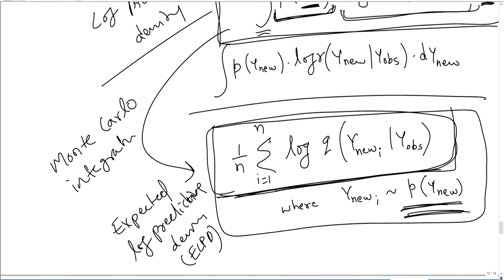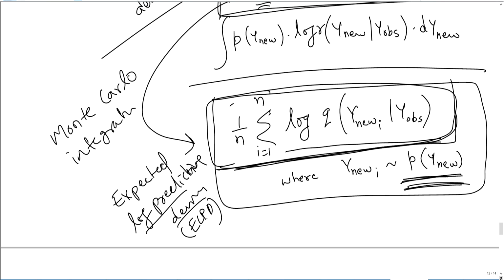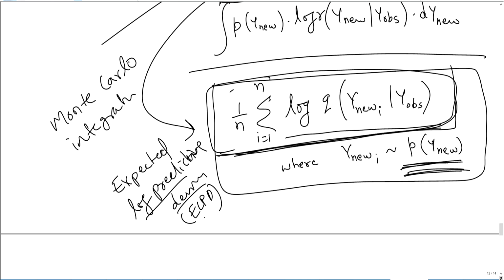Whenever we do this Monte Carlo integration, this part is basically taking the average value over large values of this function under repeated sampling from p of y new. Okay, this would be called the expected value of this log predictive density function, right. So, this is the expected log predictive density of the model. Okay. So, this is what we are going to use as a measure of predictive accuracy.